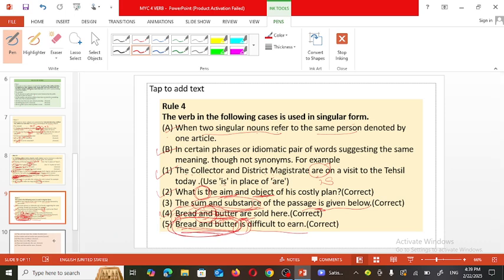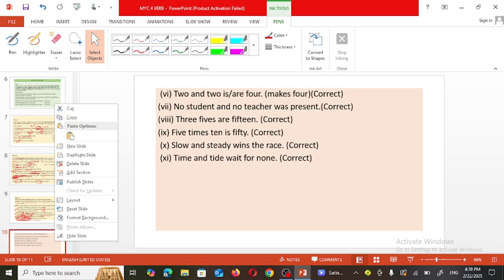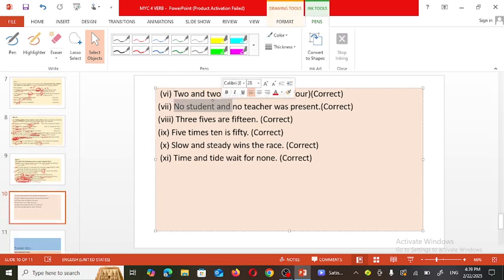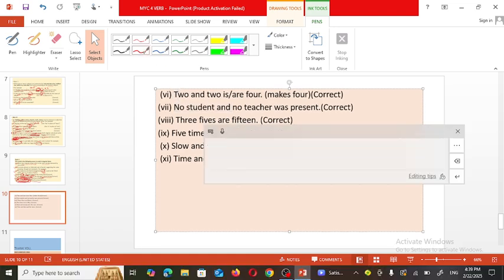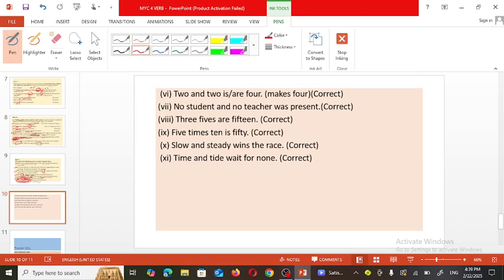Now see the next one. Two and two is four. That indicates that these two things make four, and that's why is is also correct and are is also correct.